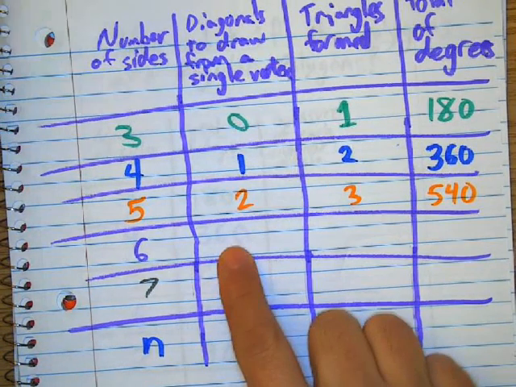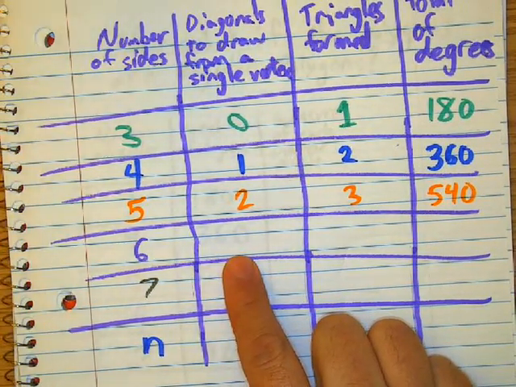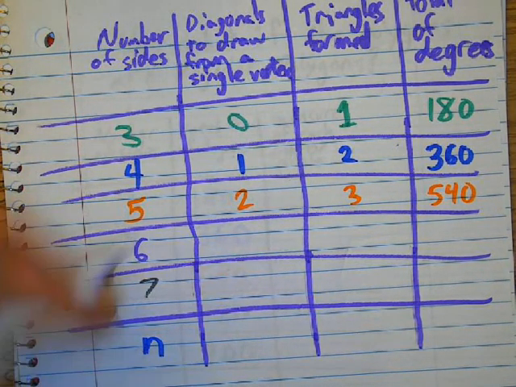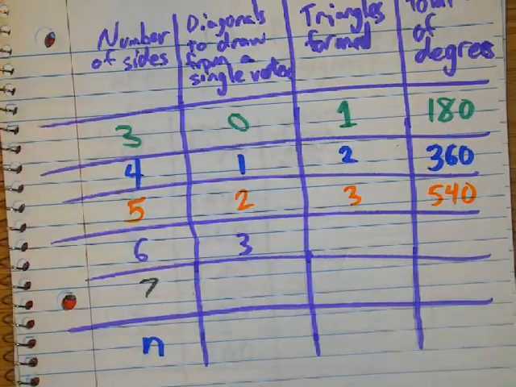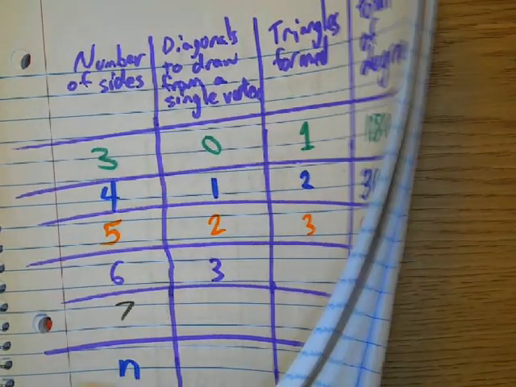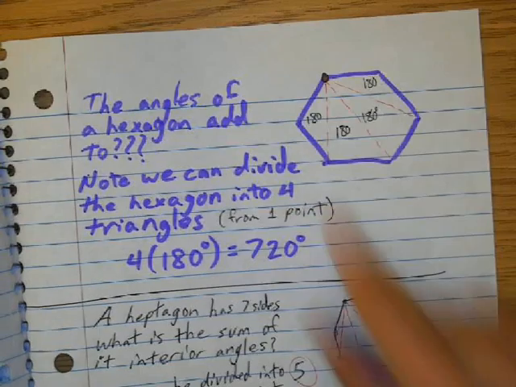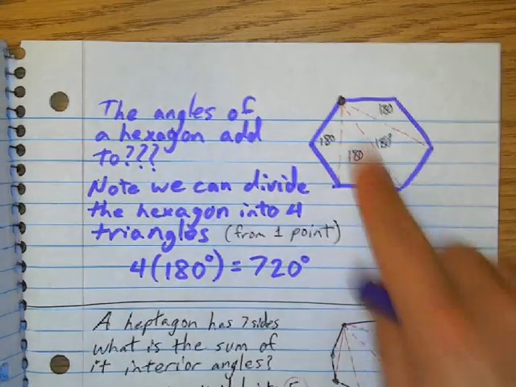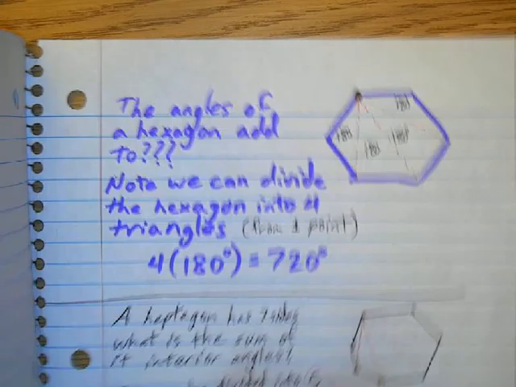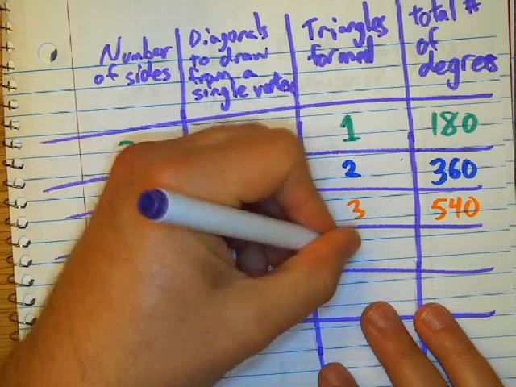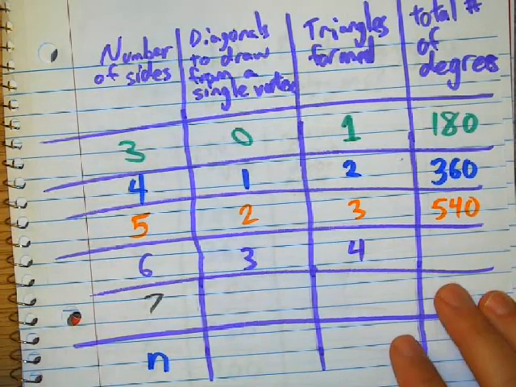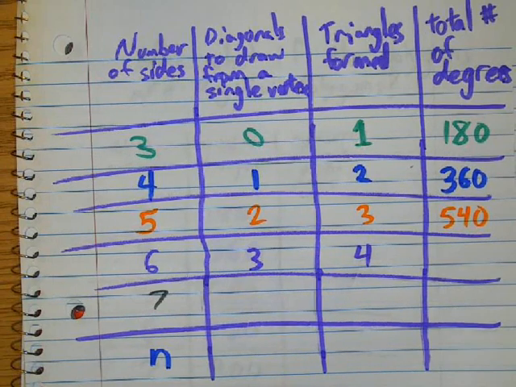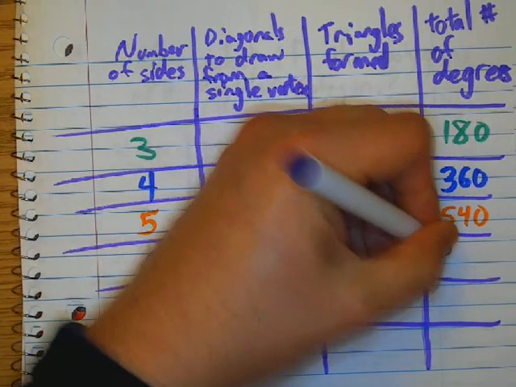And with the hexagon, we said that we could draw 3 diagonals, that's the red lines, right? And it made it into 4 triangles. And the sum of the angles, we said, was 720.